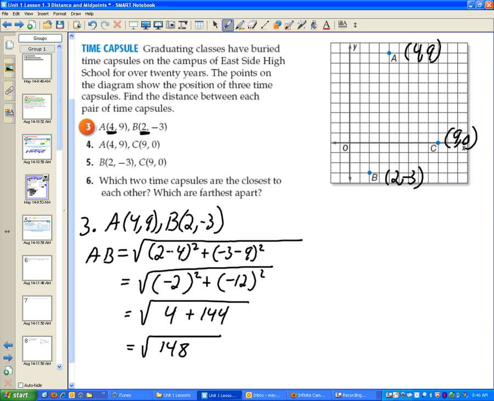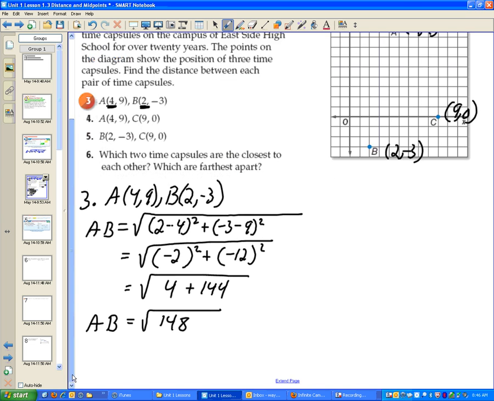There's something called simplest radical form, which I'm not going to teach you, at least not yet, probably not at all. And we could turn it into a decimal, but there's no need to. So our final answer is the length of AB, or the distance between A and B, equals the square root of 148.